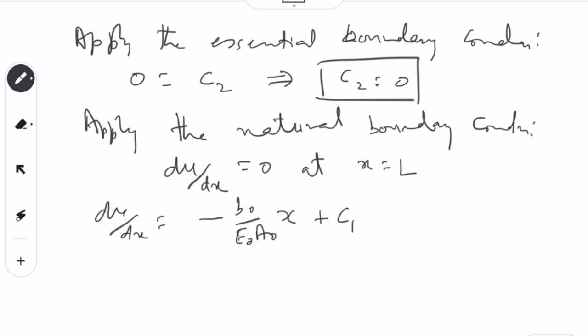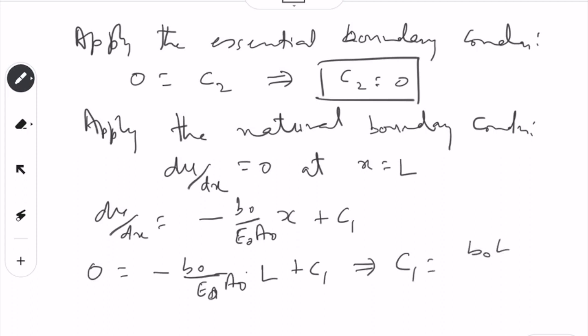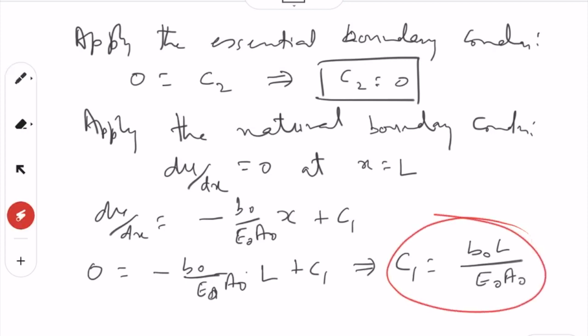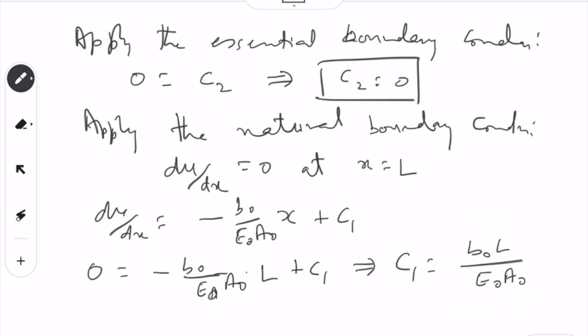Since du over dx equals 0 at x equal to L, that really means 0 equals minus b naught over E naught A naught times L, plus c1. That tells us that c1 equals b naught L over E naught A naught. So we got the value of c1.